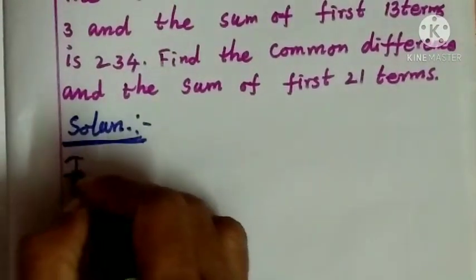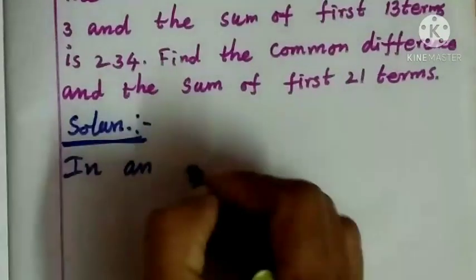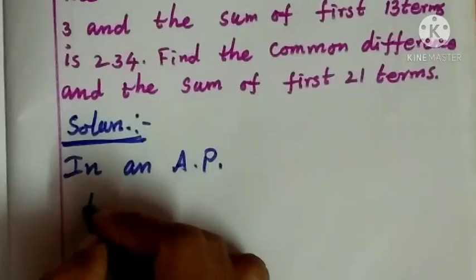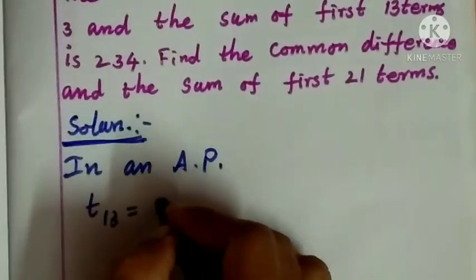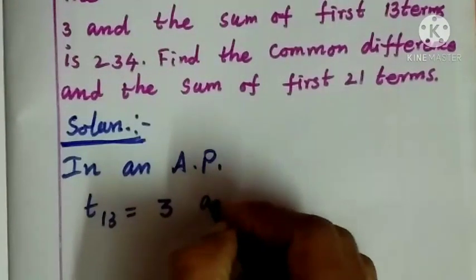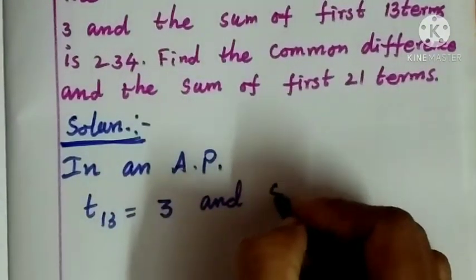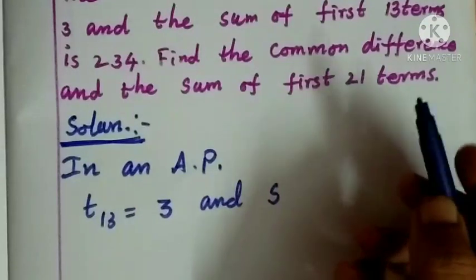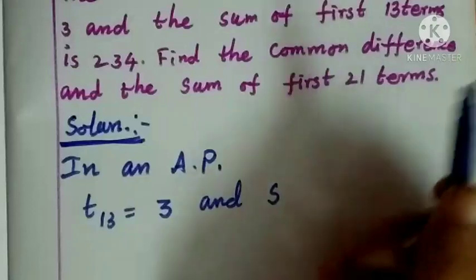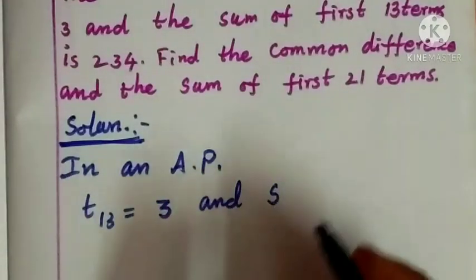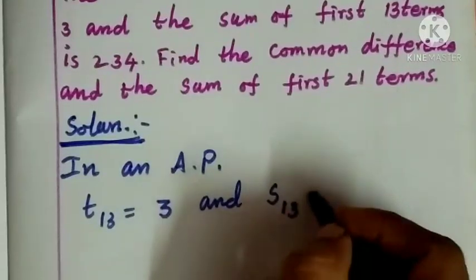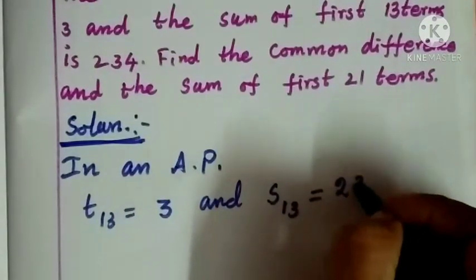In an AP, first you take down and write the given: T13 is equal to 3 and S13 is equal to 234.